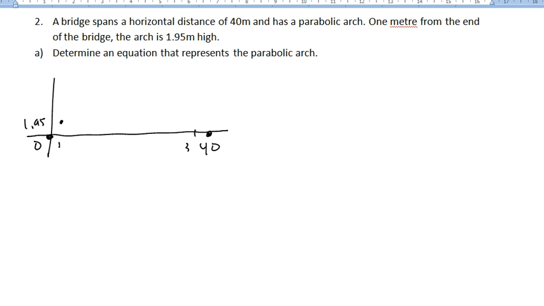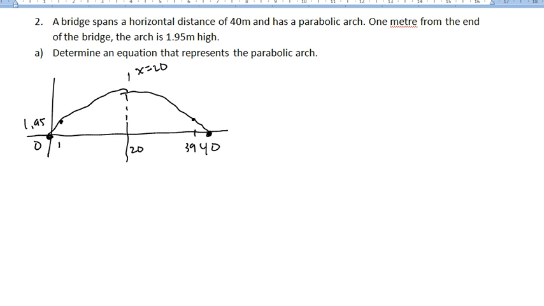And also at 39, we're going to be at 1.95 meters high. And there is our parabolic bridge, drawn poorly by me. Okay, and again, we know our axis of symmetry is going to be at 20, so that's the line x equals 20.